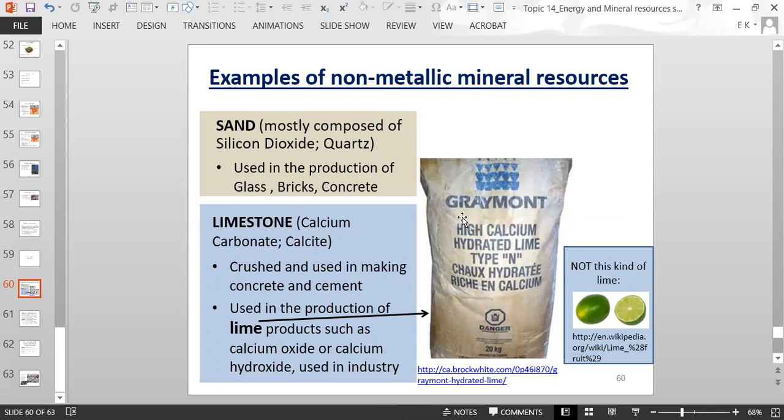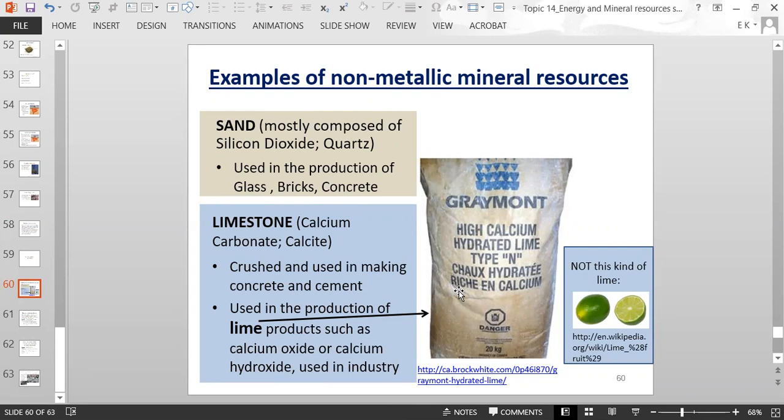So this is lime, not this kind of lime, okay? Not like the citrus fruit. It's lime as in limestone. And if you ever do any gardening or you treat your lawn, some people will put lime. It's like a white powder.